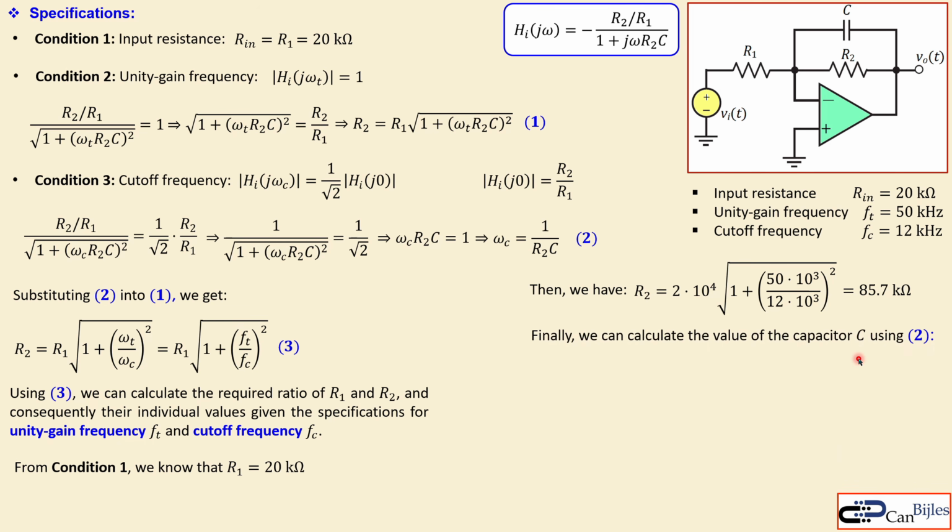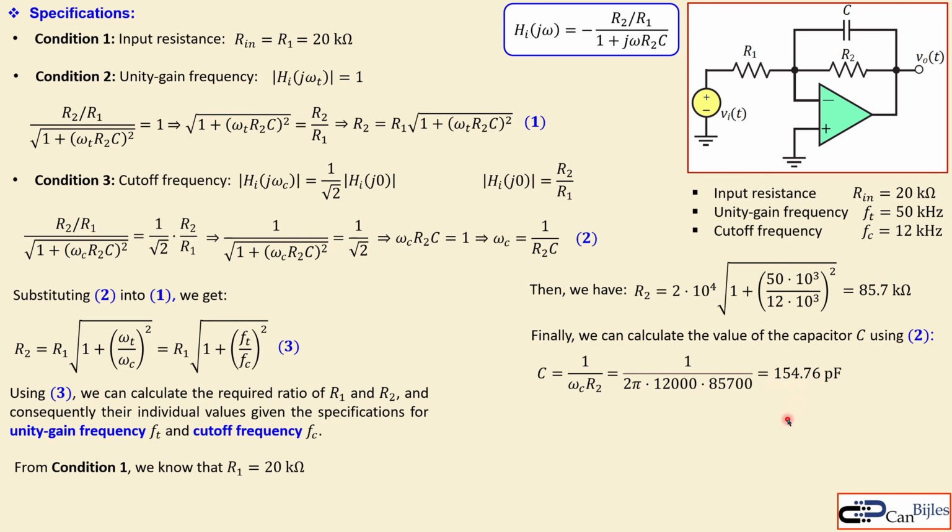Now finally we can calculate the capacitor C from equation number 2. Just rewrite this capacitor formula. So C is then equal to 1 over R2 times omega c, or omega c times R2, doesn't matter. You have now this, of course, always 2 pi times the frequency in hertz, and the calculated R2 here, that will give us 154.76 picofarad, or almost 155 picofarads.